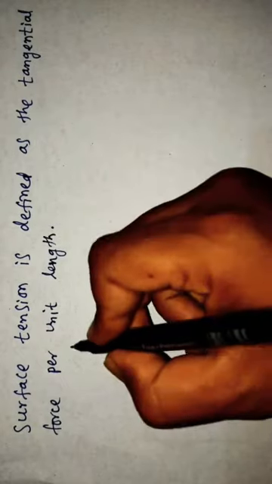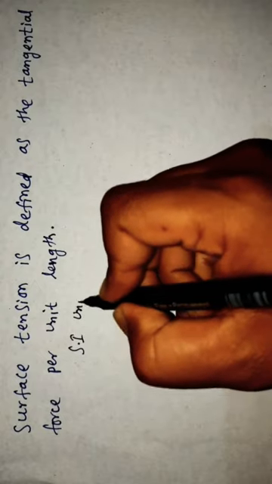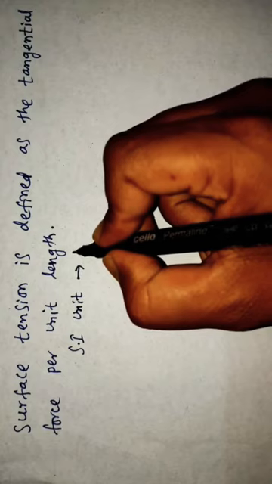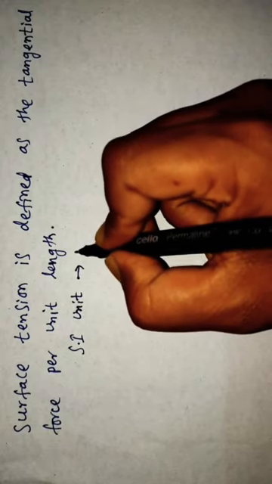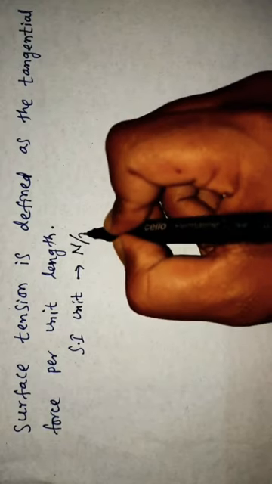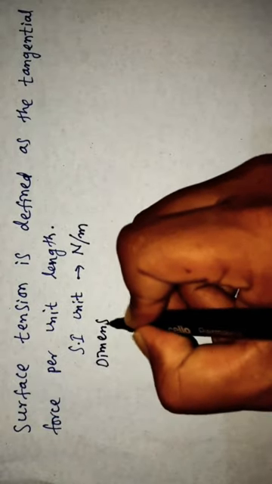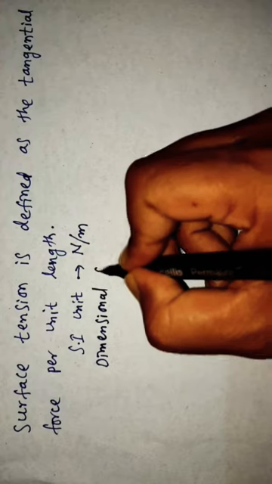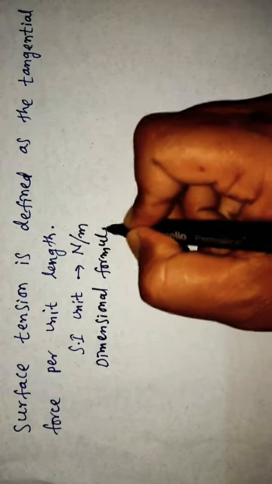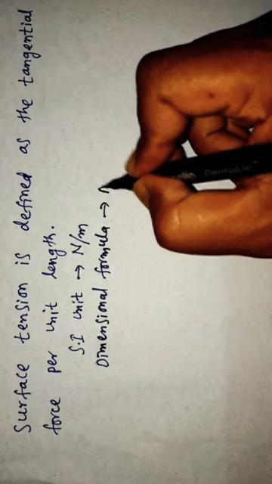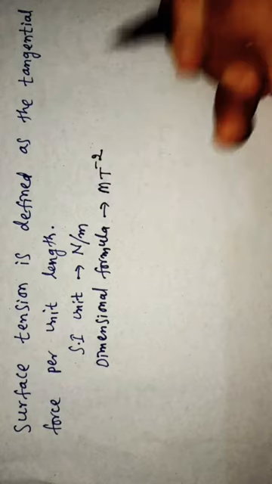The SI unit is force per unit length, that is Newton per meter. The dimension formula is M T to the power of minus 2.